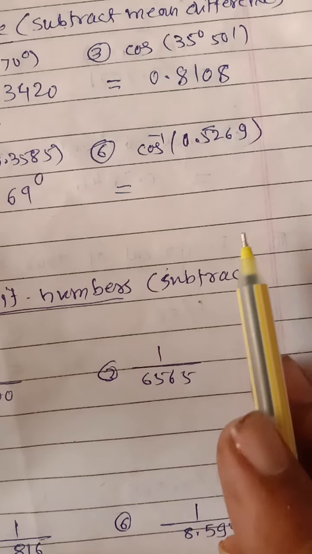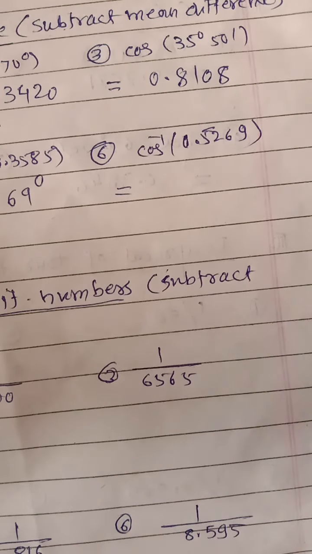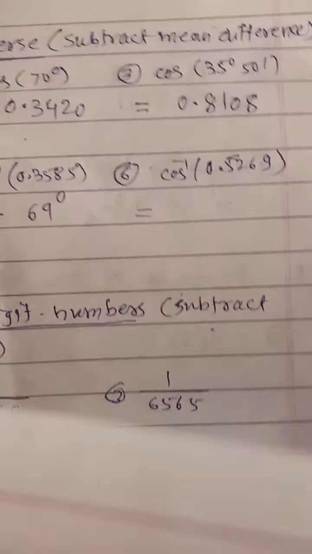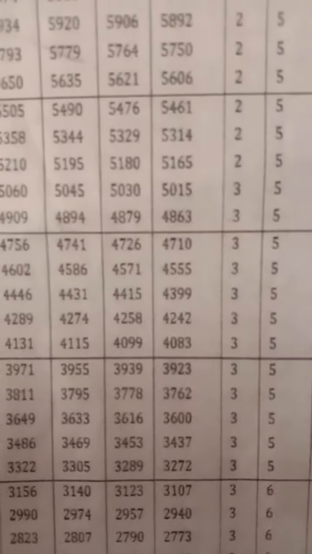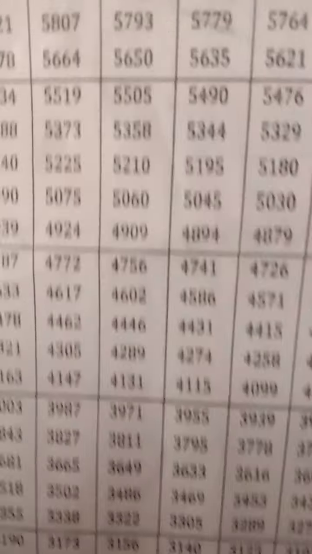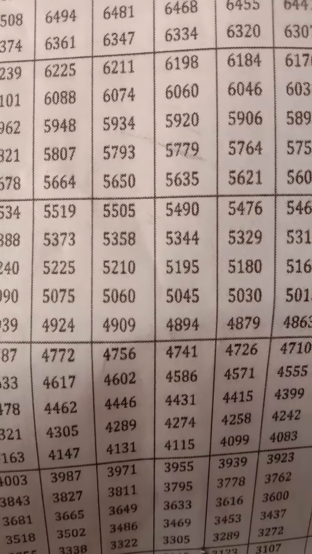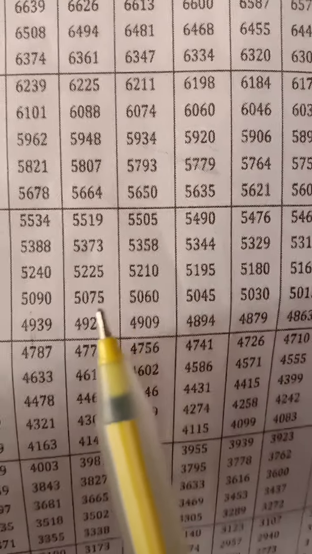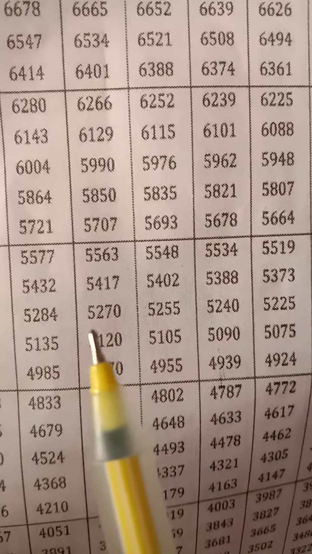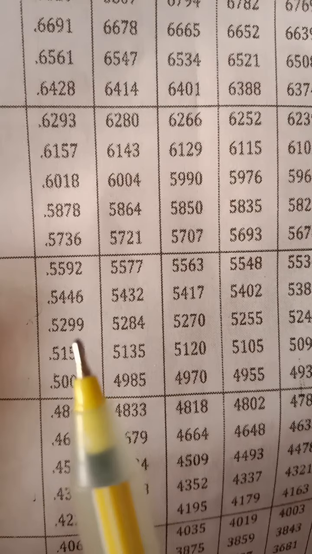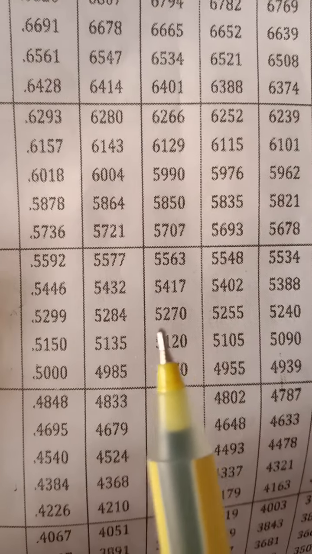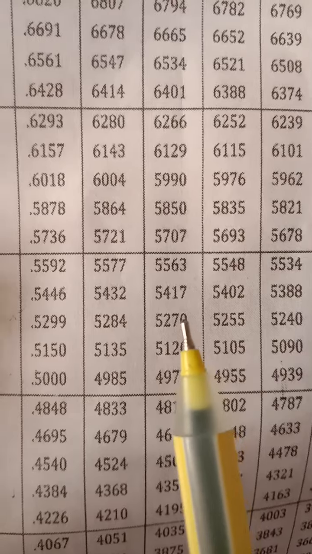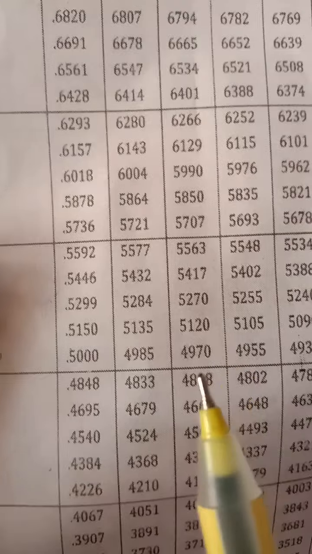Then find out cos inverse of 0.5269. Again we will use this table. So 0.52 comes here, and here it is 0.5270 in the column of 12 minutes.